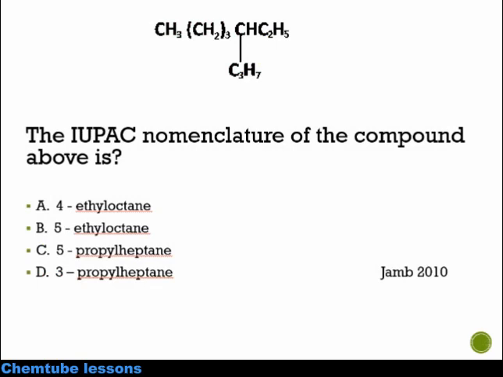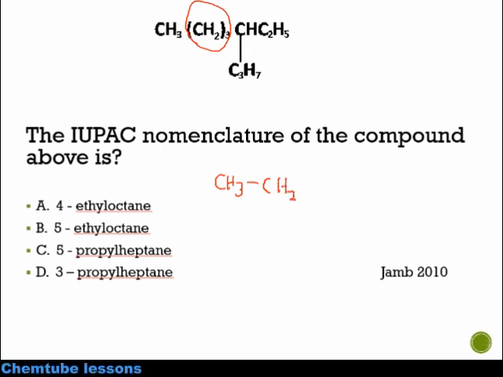The IUPAC nomenclature of the compound above is... Before we name this compound, the first thing we have to do is redraw the compound. To redraw it, we have CH3, then I'm going to spread it out, it's going to be CH2.